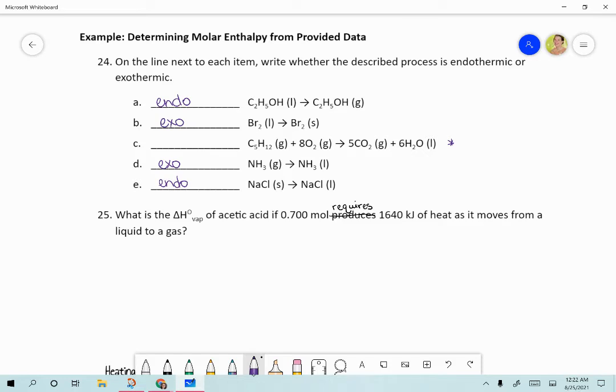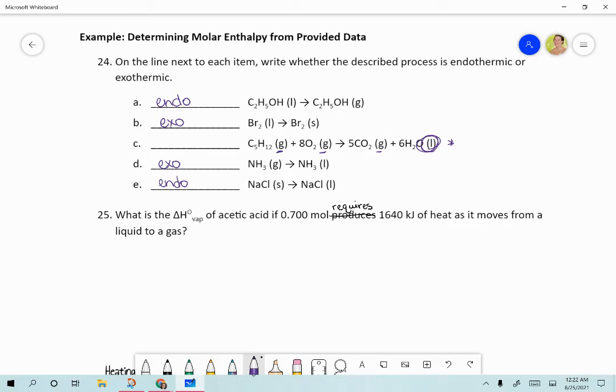For C, in this case, you have to look at the states of your reactants and the states of your products. Over on my reactant side, I have two gases. On my product side, I have gas, but I also have this liquid. So what that means is somewhere along the way, I lost some of that energy that I needed to maintain both of my gases.